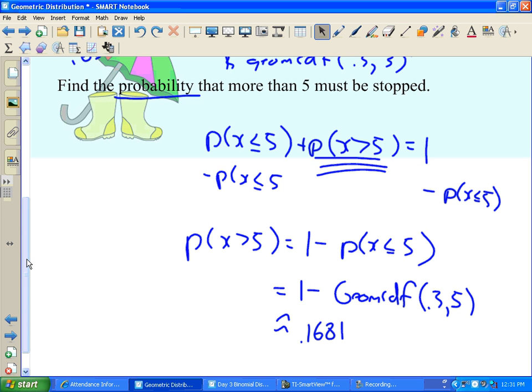Does that make sense? And I'm getting that 85% because it's 1 minus that. A little bit over 85. Under 85. Oh, yeah. Over 83%. Is that better? We good?